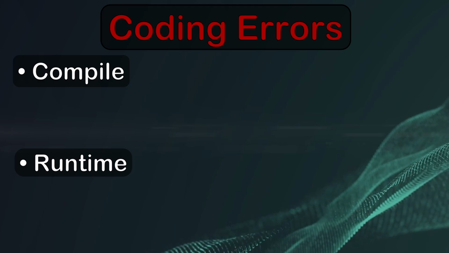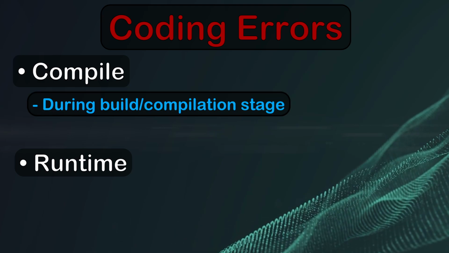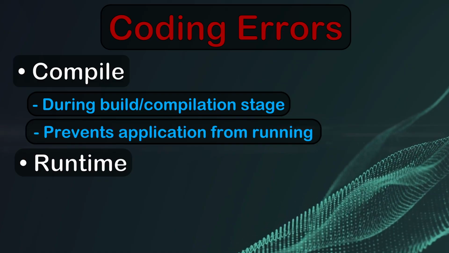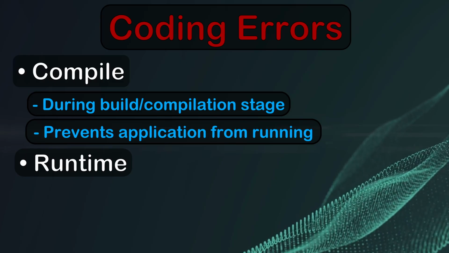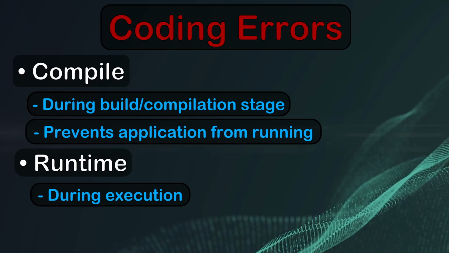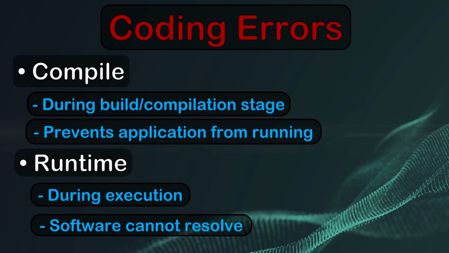A compile error refers to an error that occurs during the building or compilation stage. The error compromises the software implementation, which prevents it from running at all. A runtime error refers to an error that occurs while the software is running. The software begins execution, but it fails when it cannot resolve a problem it encounters.